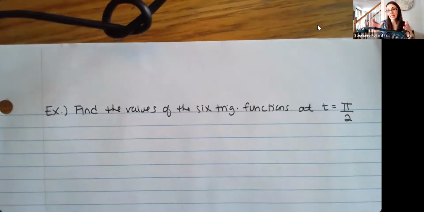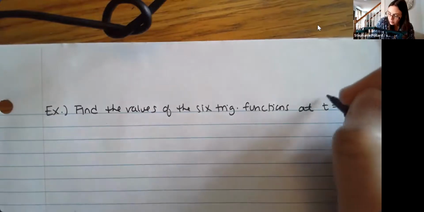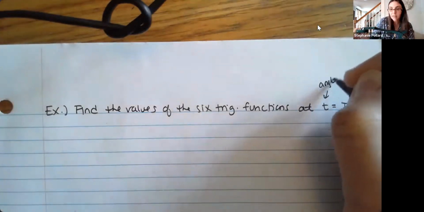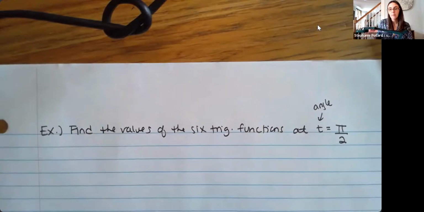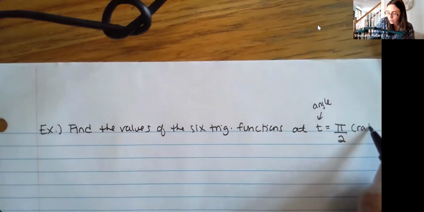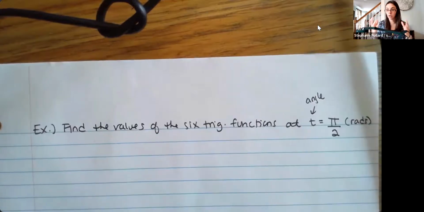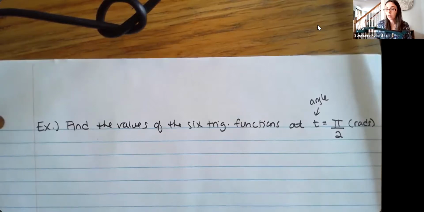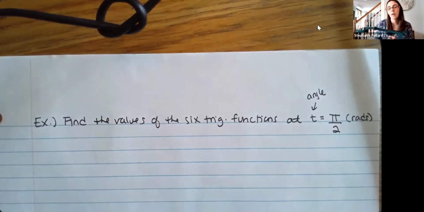Now remember, we're using t for our theta here. So t is your angle. So this is your angle. So they're not giving us the point here. They're actually giving us the angle. And you're often leaving out the words radians, but you should assume that it's radians unless it says degrees or gives that symbol. But if you start seeing pi's and things, it's in radians. So again, we're working with radians most of the time when we're talking about using trig.